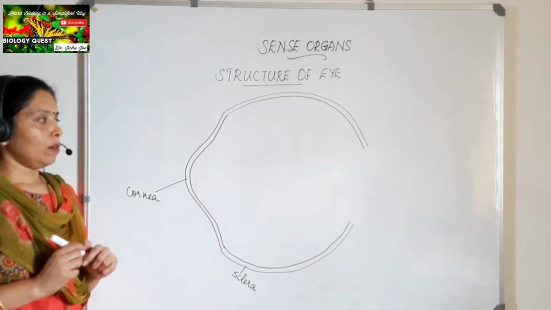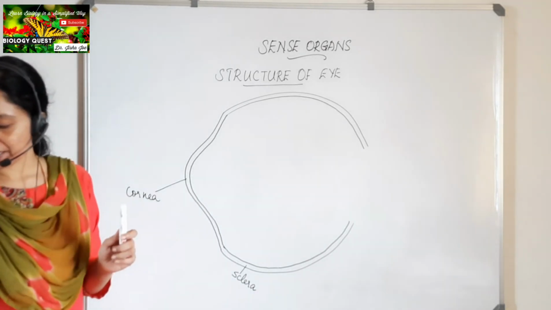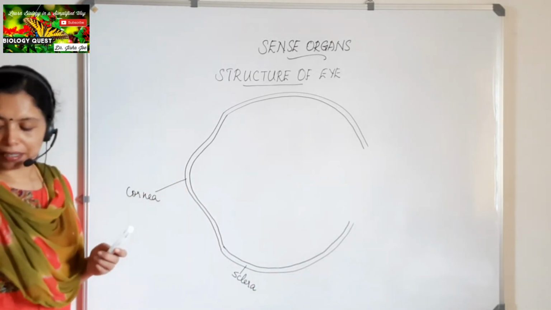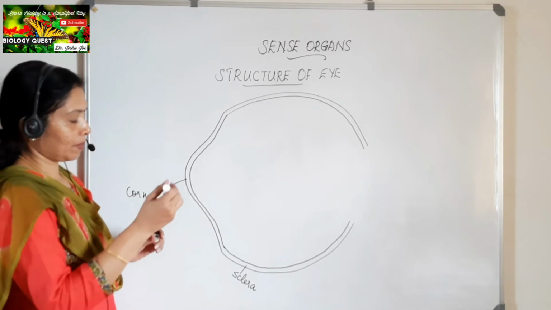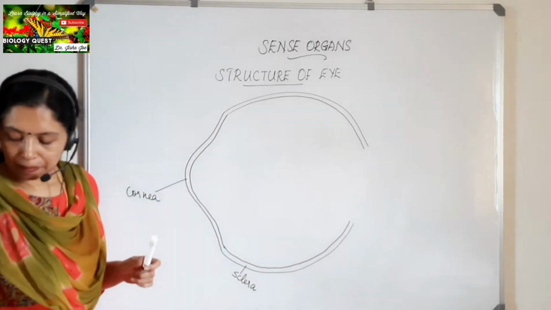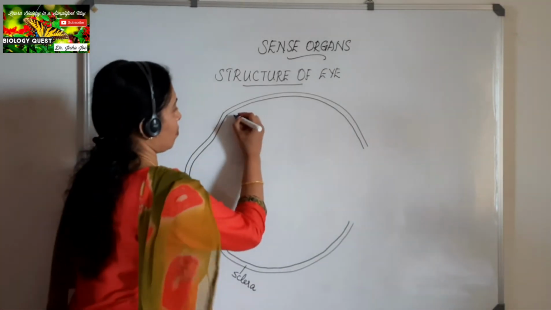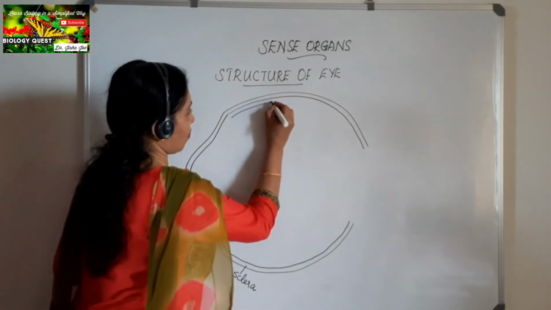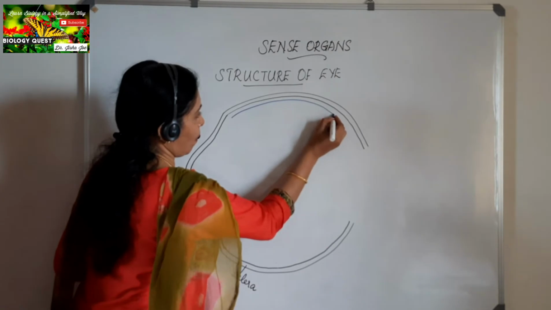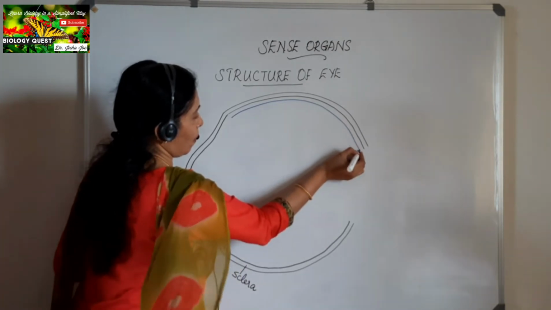Okay, now moving on to the next layer, that is the middle layer. The middle layer is the choroid. That is the middle layer I am drawing now.